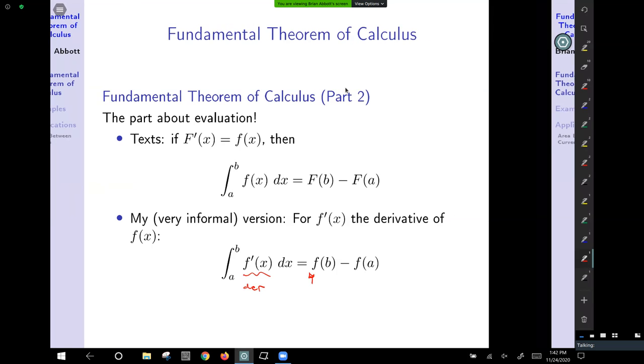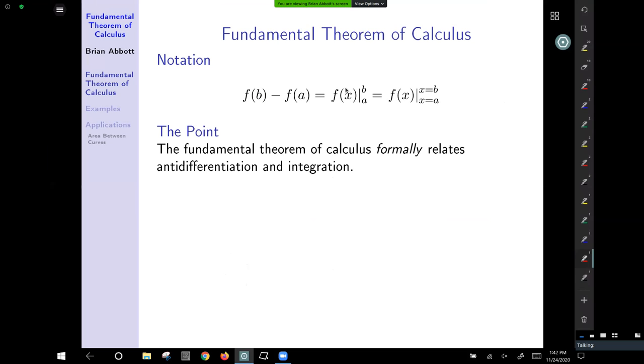So that's all good and grand, but let me first add a bit of notation here. Oftentimes what you'll see is the integral from a to b of f prime of x. Using my way of thinking about things, the derivative is the integrand, so what function has f prime of x as its derivative? Well, f of x does. And so we see that this would give us f of x.